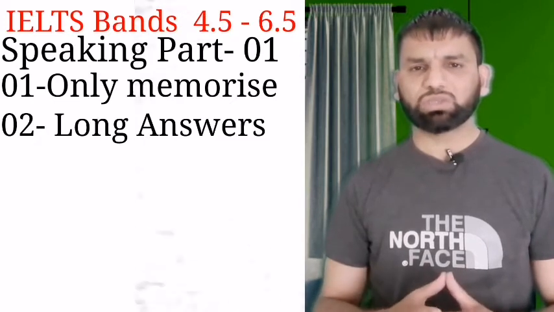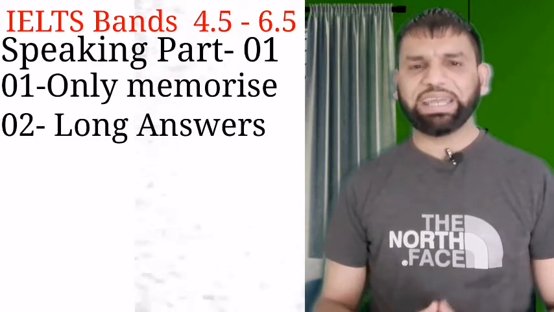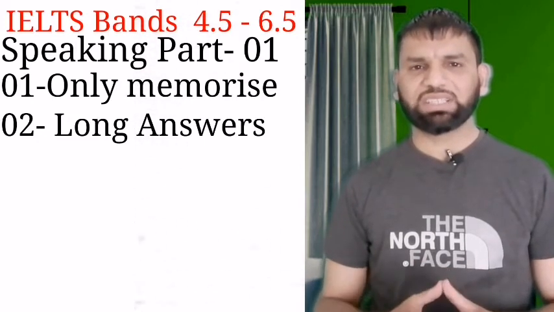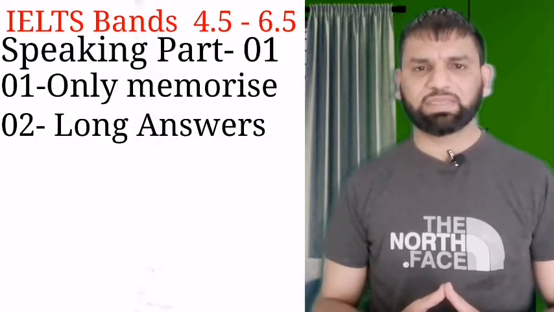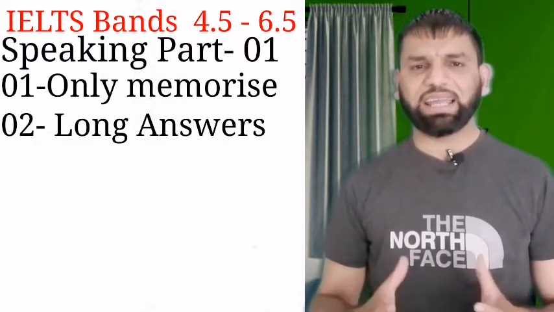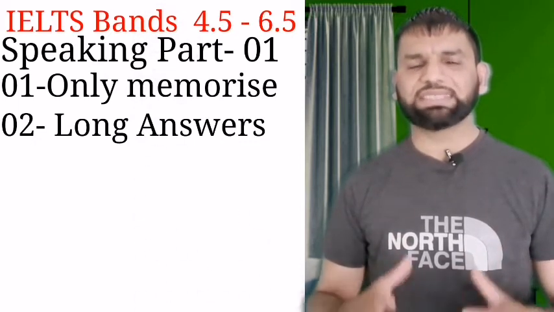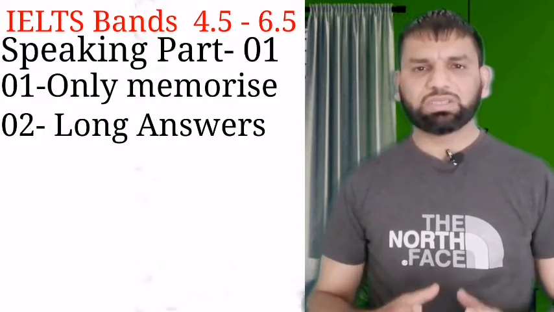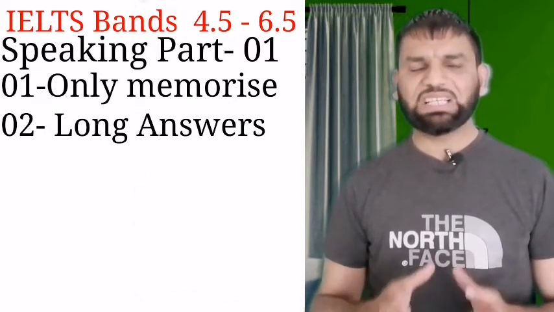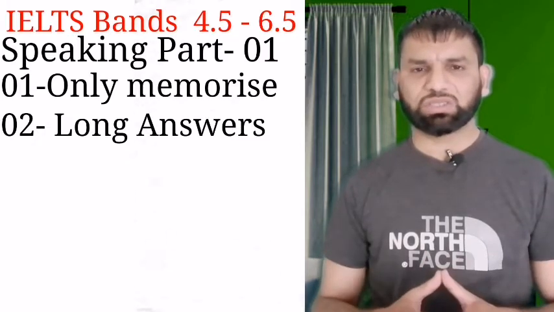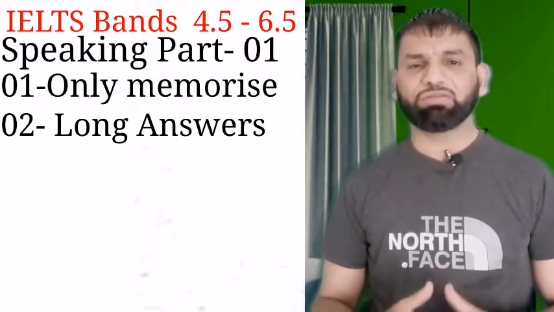Most of the students try to give long answers and include extra things in the answer to questions of this type. They will say, I like my family, I have a big family, I have 7 members in my family. So there is no need to include extra things in the answer to this question. They have to answer directly and fluently.